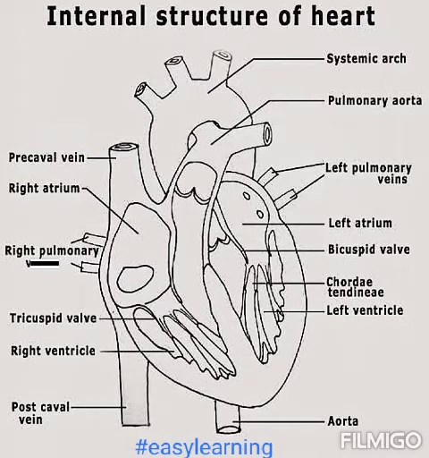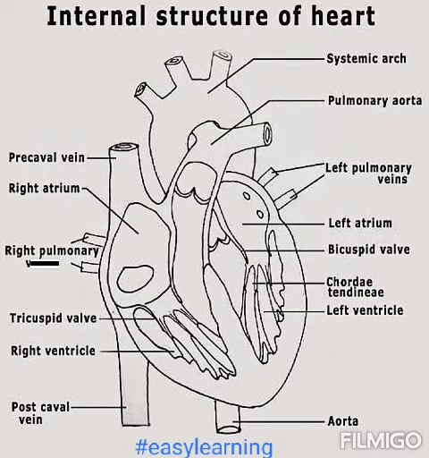Okay, now let's have a look at systemic, pulmonary and coronary circulation. The path of systemic circulation starts from the left ventricle, which carries oxygenated blood to all parts through the aorta, and the return of deoxygenated blood to the right atrium from the pre and postcaval veins.